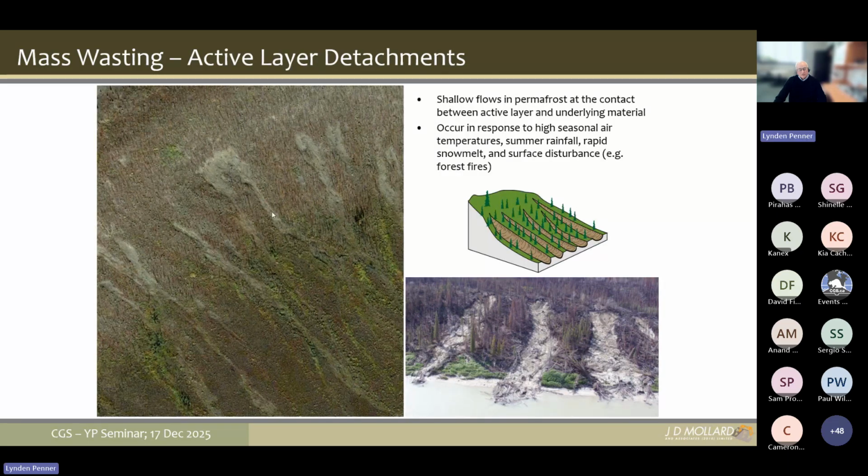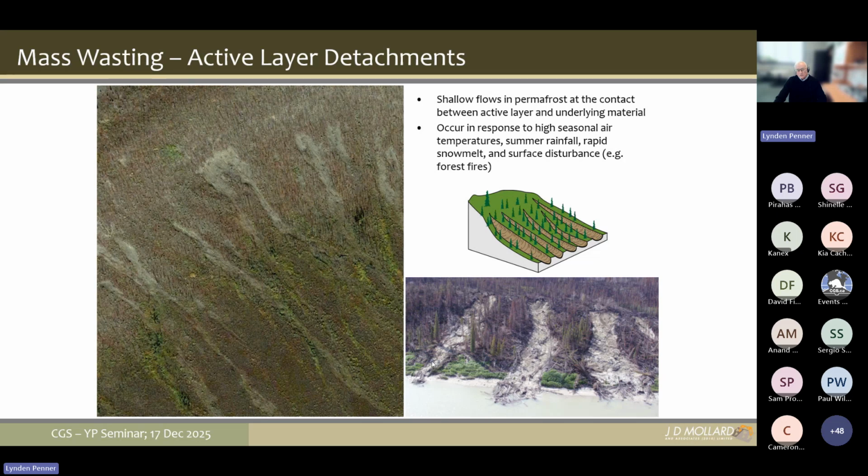Active layer detachment. So these are very thin, very shallow failures within the active layer, where you have frozen ground underneath the material. The surface is saturated and flows down these very narrow channels.